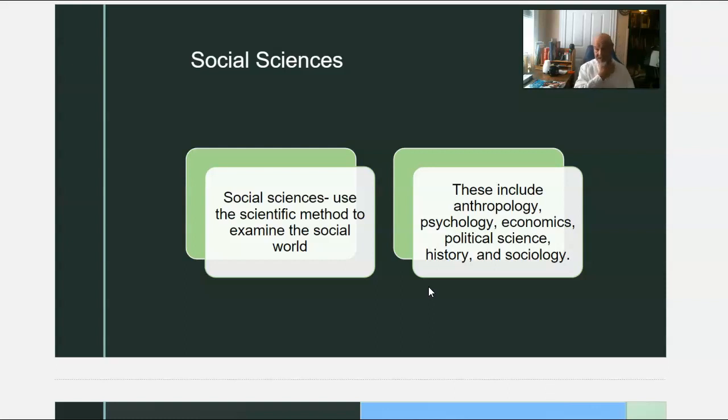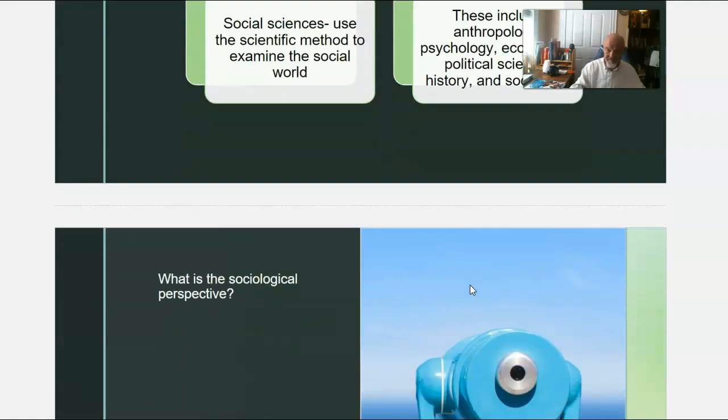Social sciences include anthropology, which usually compares different cultures. Psychology starts with the individual and works out from there. Economics talks about how we arrange our material world. Political science, history, and sociology.